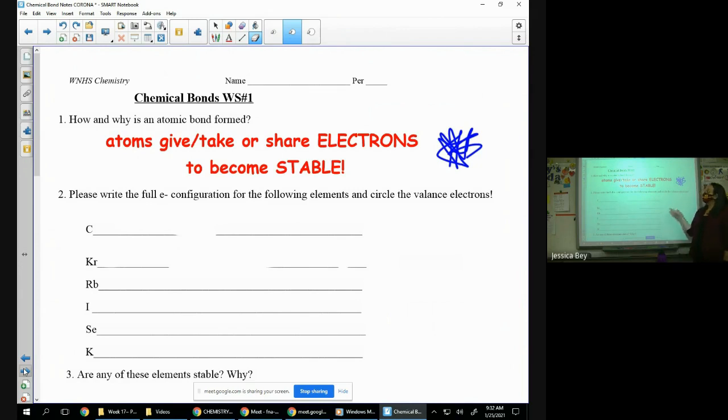Awesome. I would like to do 2 of these with you because the bigger they are, they get a little bit harder. So let's go ahead and do this. It says, please write the full electron configuration and circle the valence electrons. So we're going to go 1s2 for carbon, 2s2, 2p2.